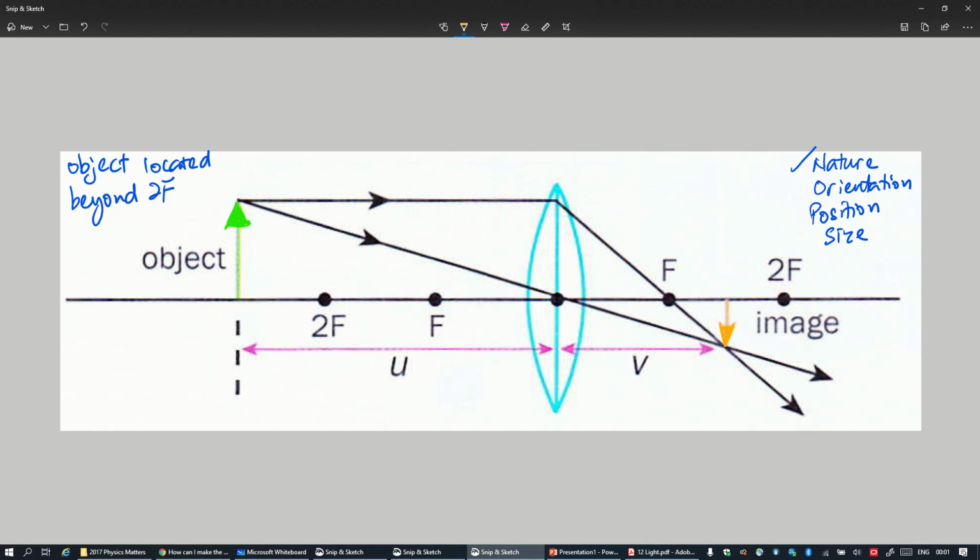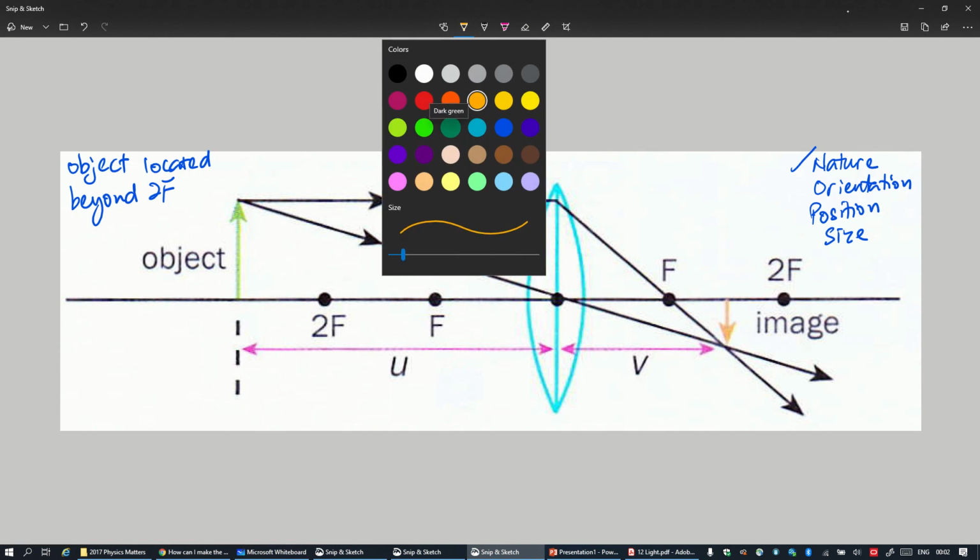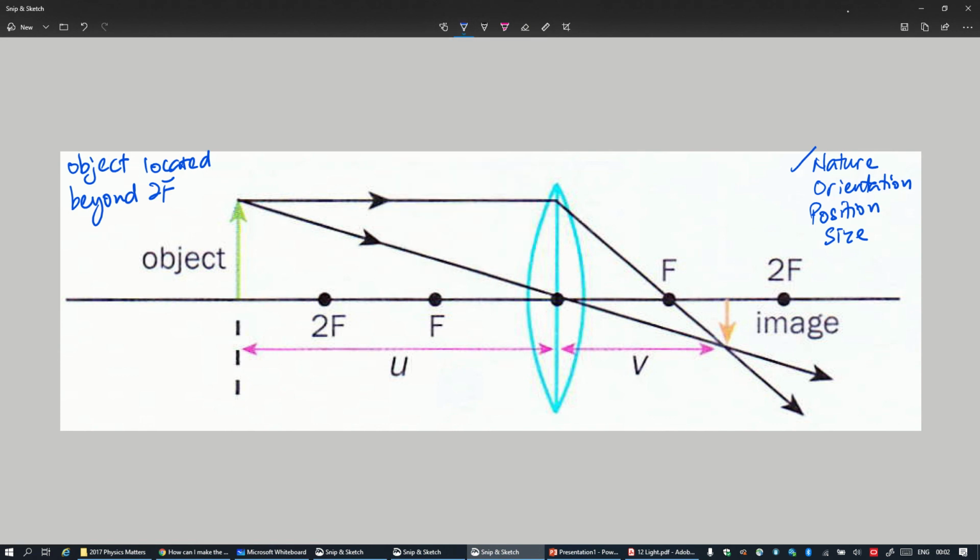So from this diagram, you can tell the image is considered inverted. So in order to understand the orientation of the image, you must first compare it with the object. And the proper way to say this is inverted, right?